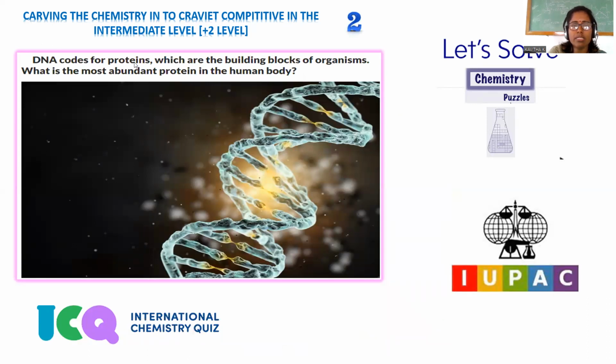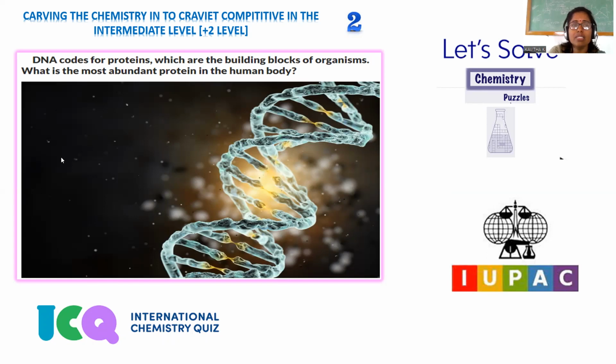DNA codes for proteins. So DNA will give the code, and that code is used to synthesize the proteins. These proteins are regarded as the building blocks of any kind of organism. What is the most abundant protein in the human body? So here DNA is very essential for the synthesis of protein based on its coding system.